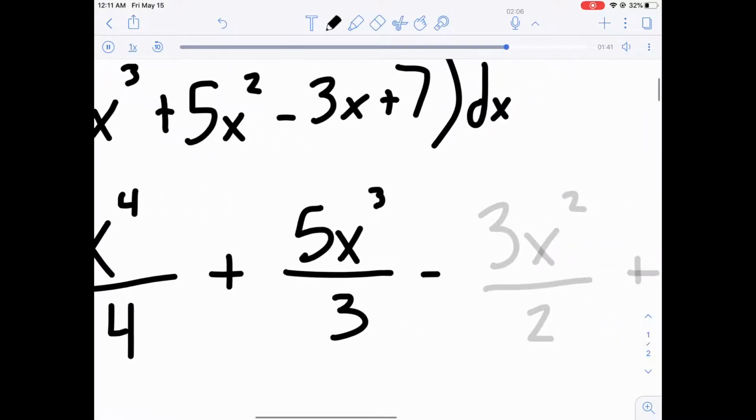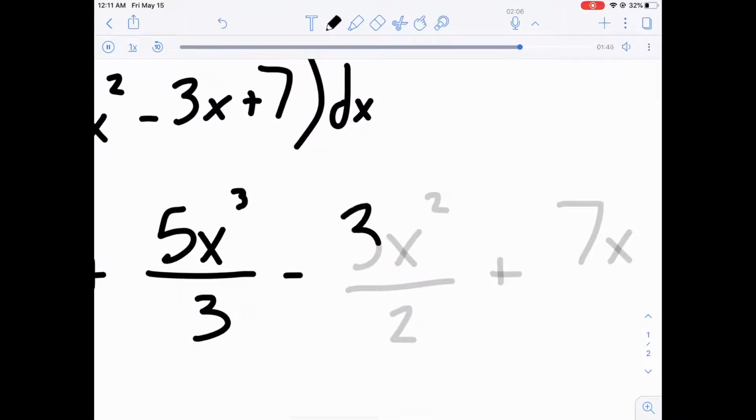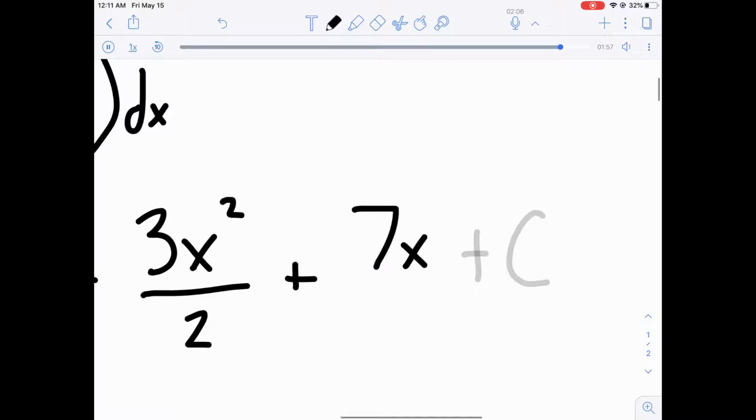For the next one, minus 3x is going to change into negative 3x squared over 2. And then finally, 7 is just going to turn into 7x. You can think of it as 7x to the 1 power over 1 if you want. It's the same thing as just writing 7x. And then you have to finish it off with plus c.